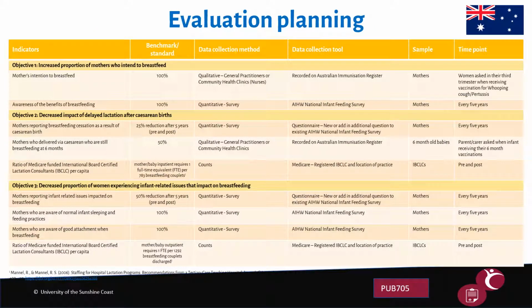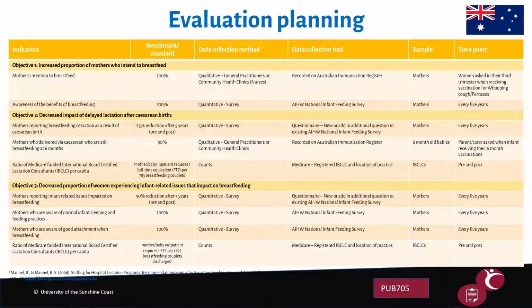Then in task 3 also, you will develop an evaluation plan for your goal and objectives. This is just an overview of 3 of the objectives for this case study, but again, it just gives you an idea about what you'll be doing. You'll be developing indicators for each objective and sub-objective. You'll be finding benchmarks or standards to outline the degree of change you want to make.